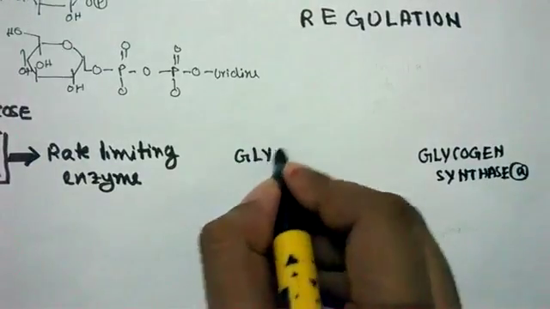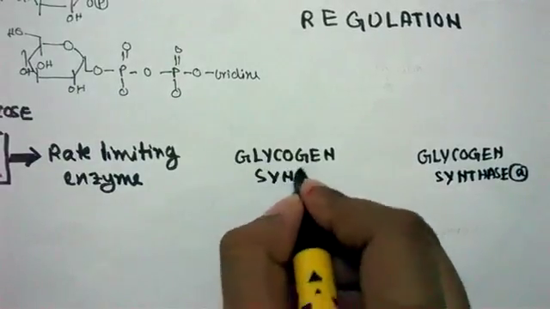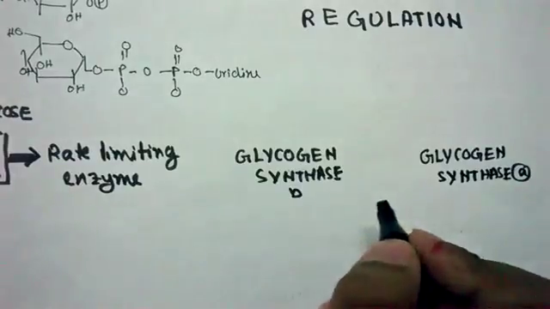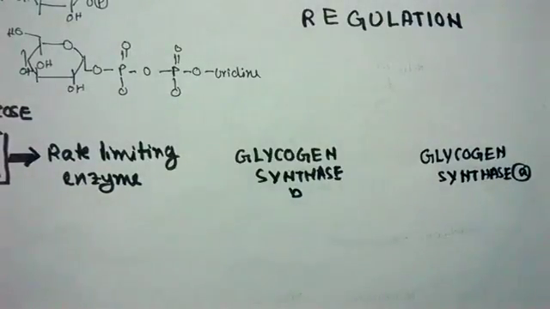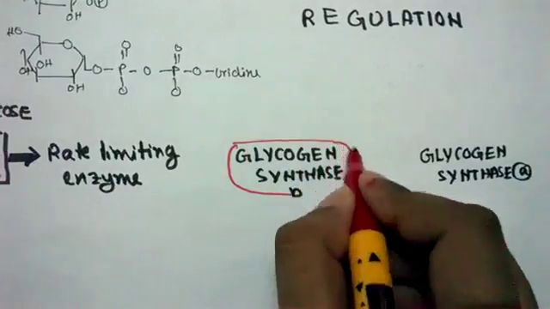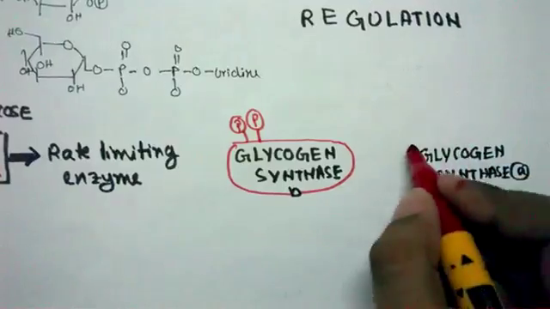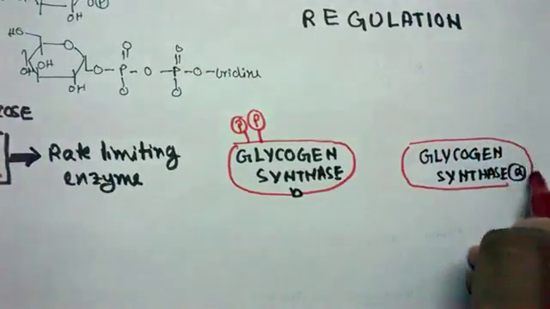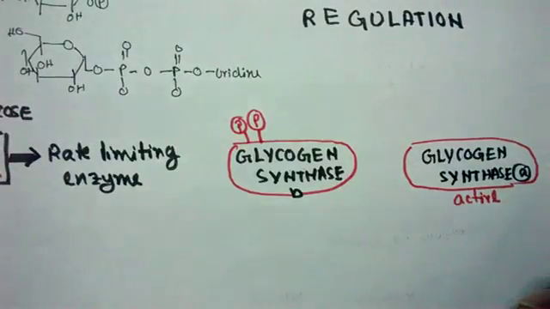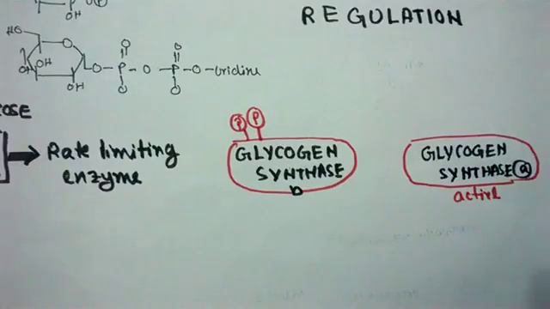Another form is glycogen synthase in B form, and glycogen synthase in B form is inactive because it is the phosphorylated version of the enzyme, and in a phosphorylated state this is inactive. So the switching between the active conformation and the inactive conformation would ultimately regulate this pathway.